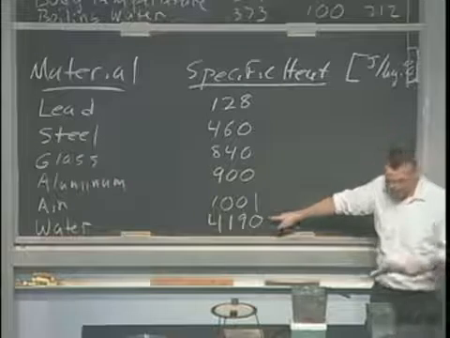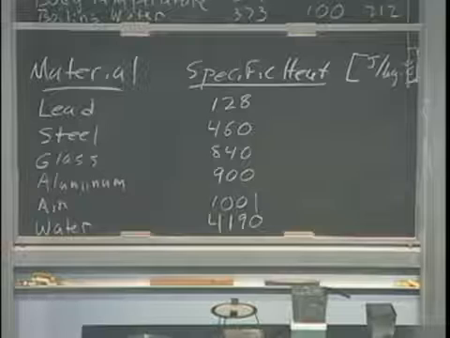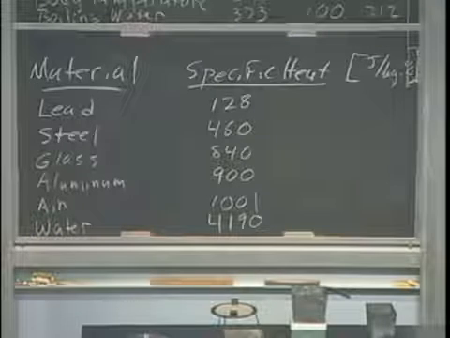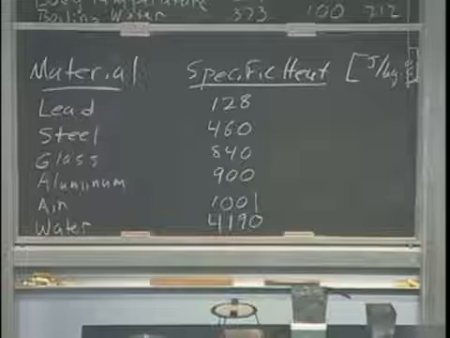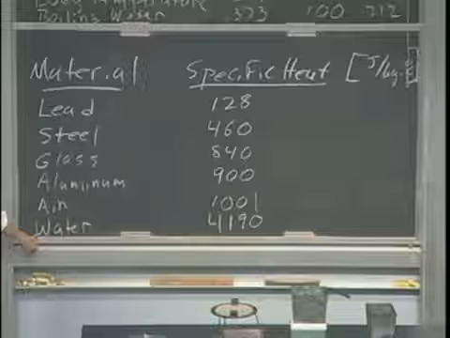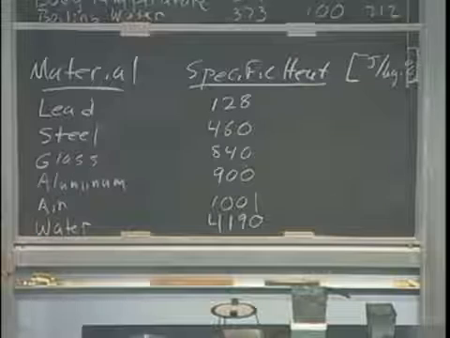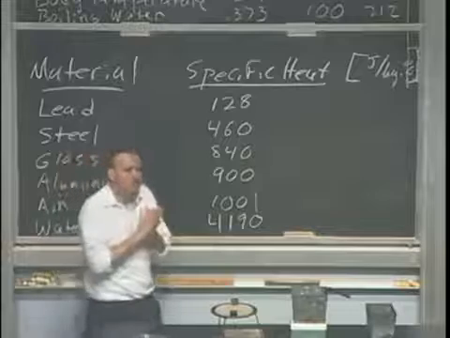Okay. So there are 2 ways of interpreting specific heat. And those 2 ways are, first off, to think about the larger one. So the larger the specific heat, the more thermal energy that the material holds.